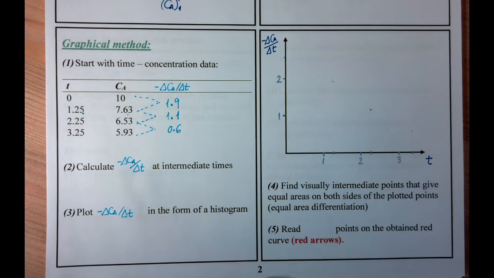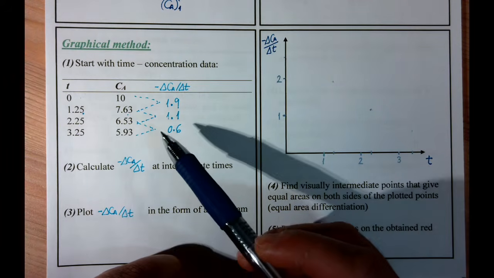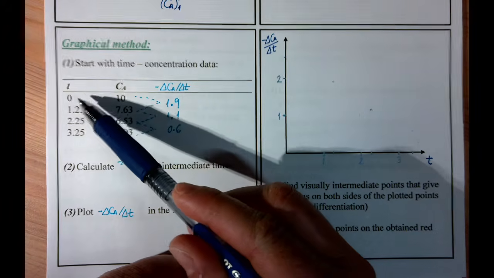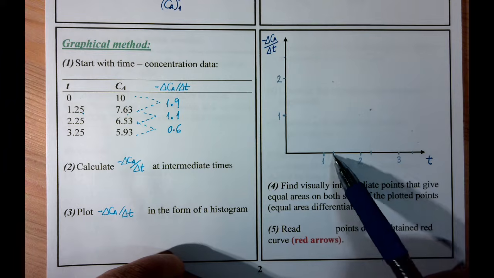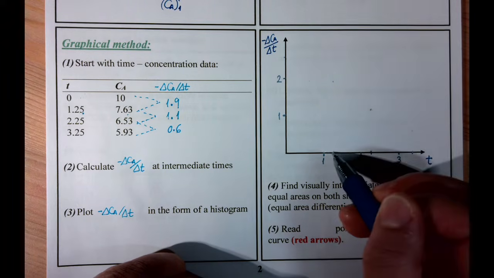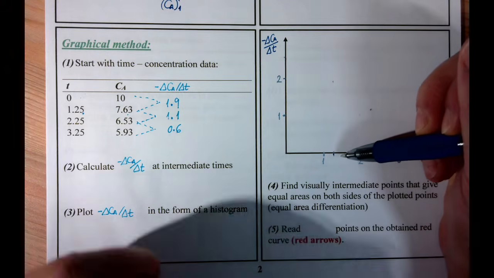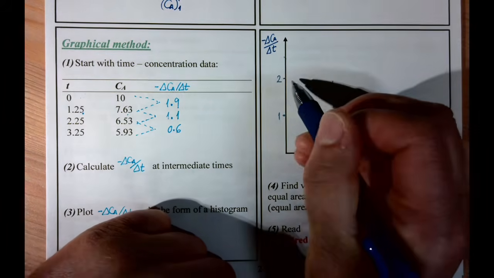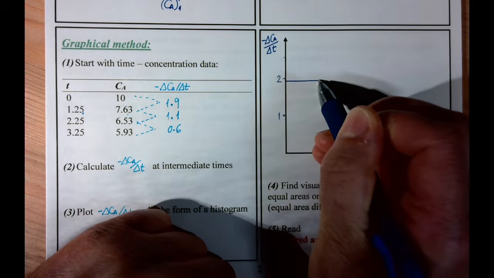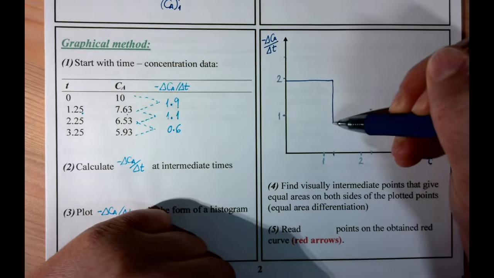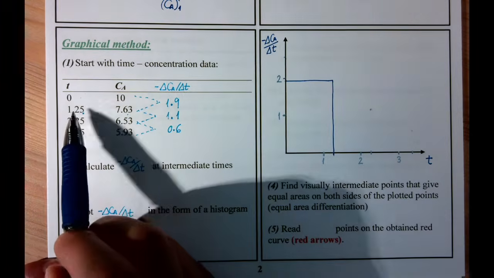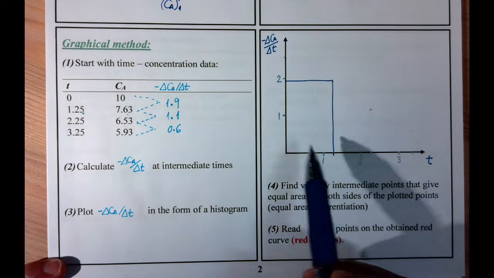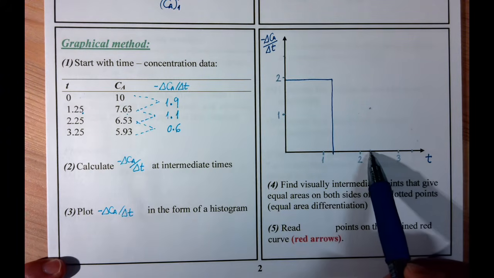For your first interval, for delta T of 1.25, you'd find 1.25, and then your histogram would have this base, and the height would be 1.9. So that would be somewhere around here. For the next time, so we went from 0 to 1.25, your next time is 2.25, which is going to be around here.